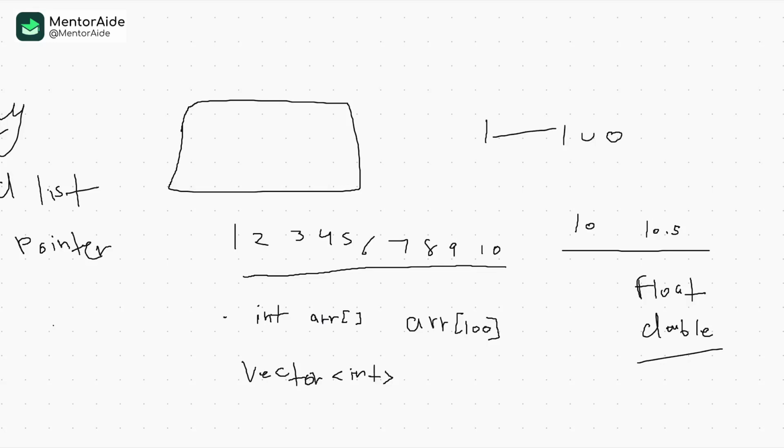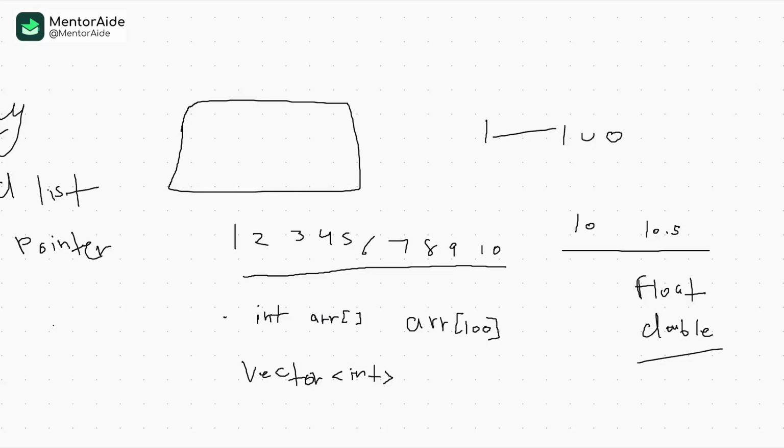Let's say initially we said that the array size is 100. Now a few more students got enrolled into the class and we want to store their marks also, but the array size is already 100 and full. So what are we going to do now? Sir, then we will use a dynamic array.